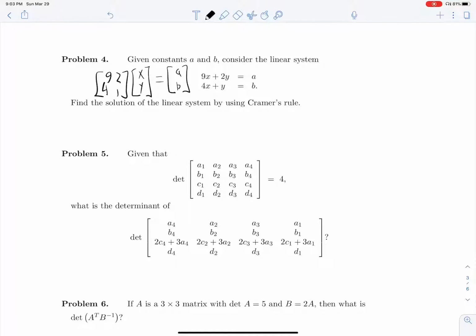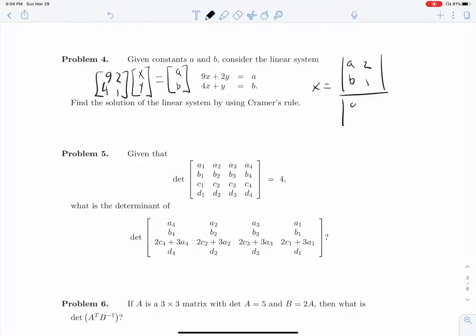And what Cramer's rule says is that we can solve for x by setting up the equation which has the determinant of this matrix here, but replacing the x column, so this 9, 4, replacing that with a and b, and then leaving our other column alone, over the determinant of the matrix here with nothing done to it.